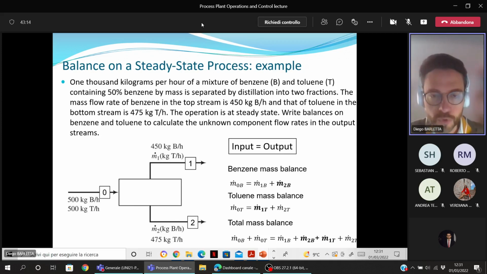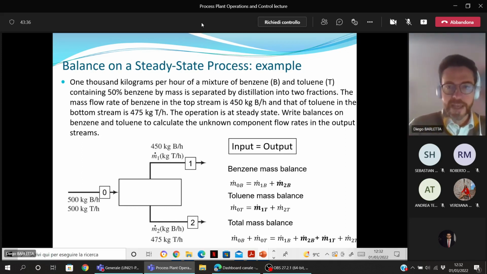If I want to do this, I need to change the notation. For example, I need to number the streams. So the input stream is stream number 0, the top stream is stream number 1, and the bottom stream is stream number 2.